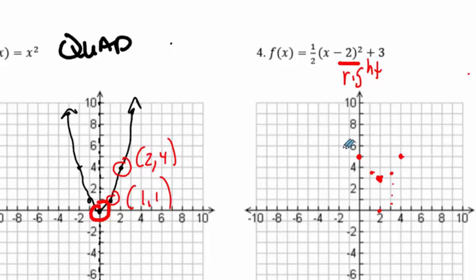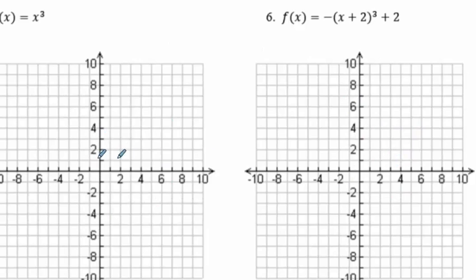It'd be exactly the same point over here. And there I can generate my quadratic graph, and it should look like that. We know that this is a vertical shrink, so it's got to widen the graph, which it does.